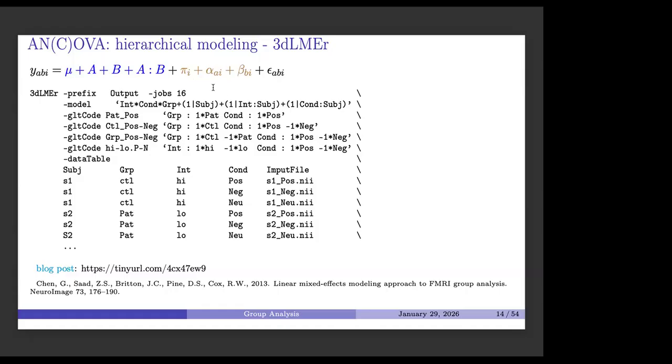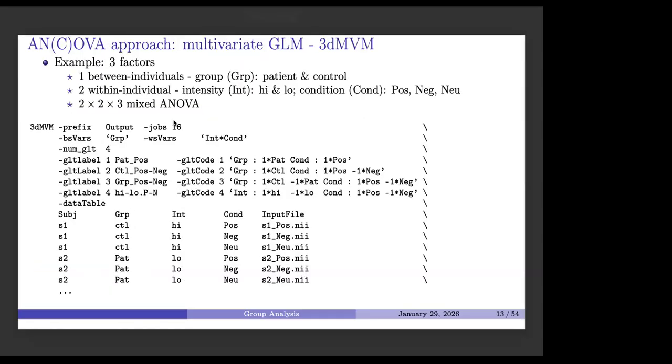So that's why we need, to some extent, to have this notion of the model structure. Then we can map the model to the model specification when we use 3dLMEr. That's different from the ANOVA structure, right? With ANOVA, technically we don't need to pay attention to the model structure.